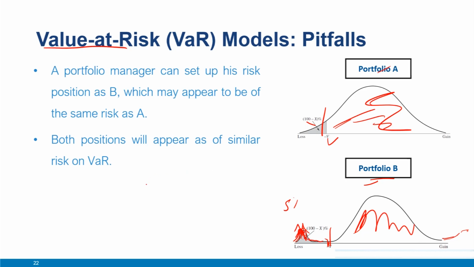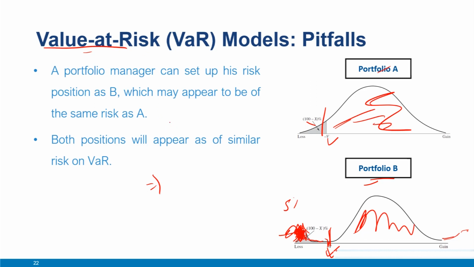But his performance is judged based on this VaR number, and his performance is not evaluated based on the loss that may happen if extreme scenarios were to take place, because this is hidden as per the VaR model. So if he is evaluated on the VaR model, he will be penalized only for this value V, not for this extreme risk that he has taken, because this risk appears in the extreme tail and is not captured by the VaR.